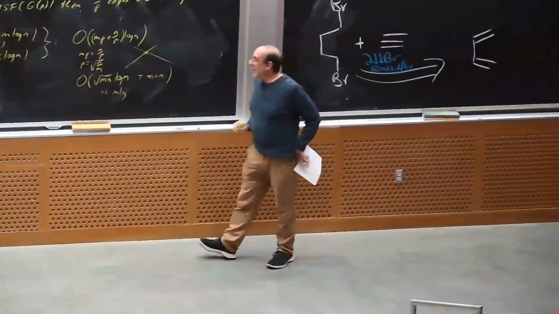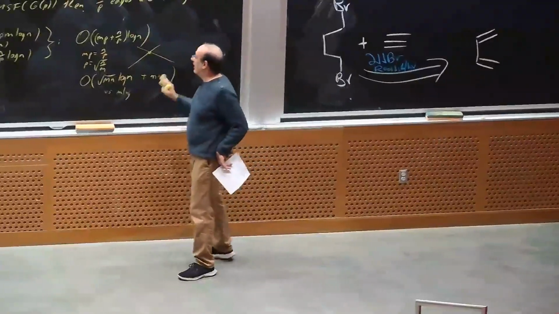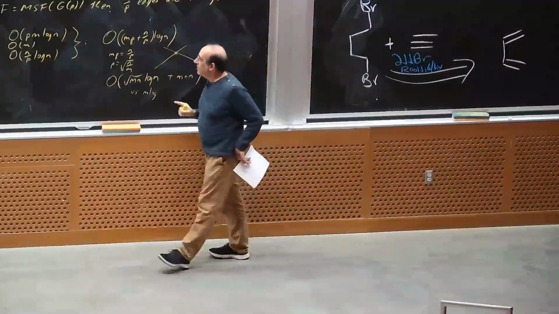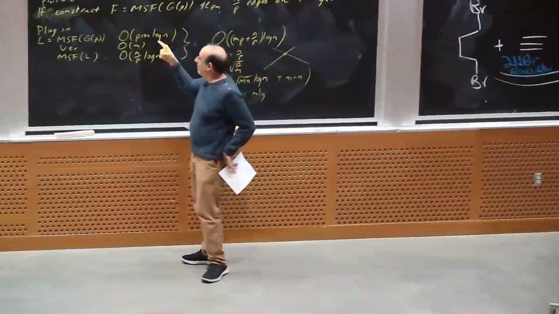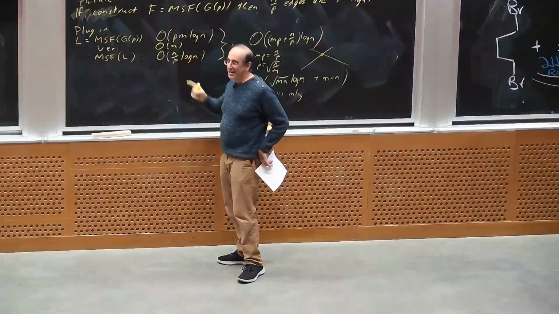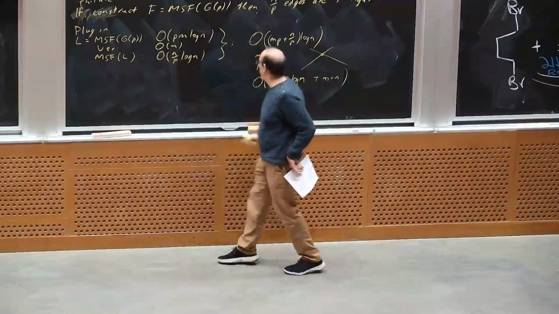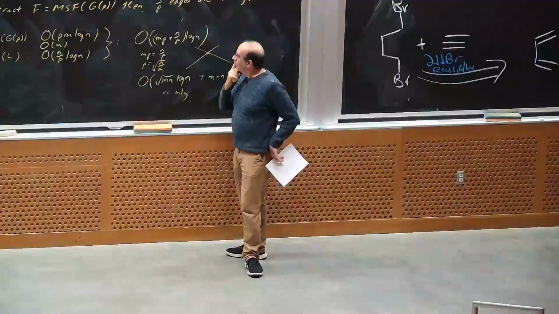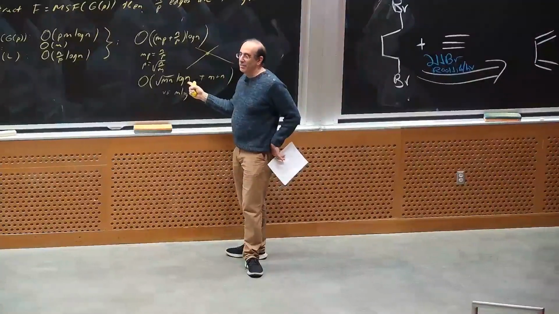So I grant you, it is not a performance improvement yet, but let's think about this. I had this procedure that took an MST algorithm and produced a faster MST algorithm, right? This took an m log n algorithm and turned it into a root mn log n algorithm. Now I have a faster algorithm.